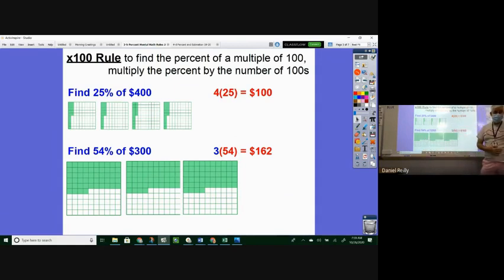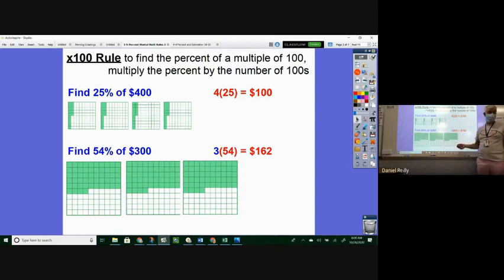54% of 300, that's 3 times 54, because each 100 would be 54. Now, you're supposed to be able to do this multiplication in your head. Some of you might have a little trouble with this. 3 times 54, I do 3 times 50 plus 3 times 4. Giancarlos?